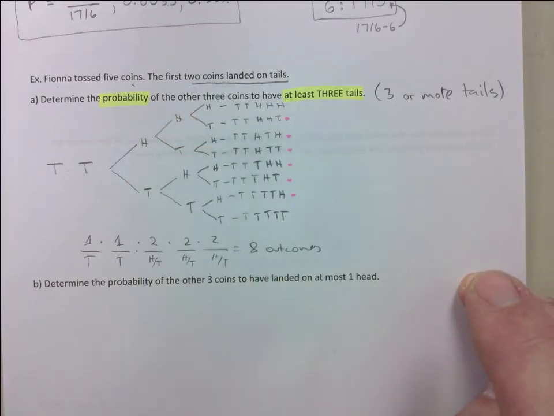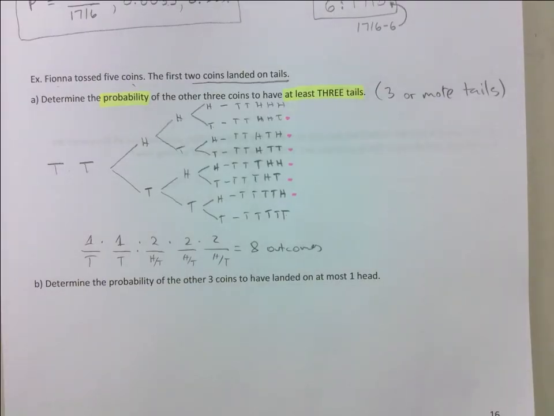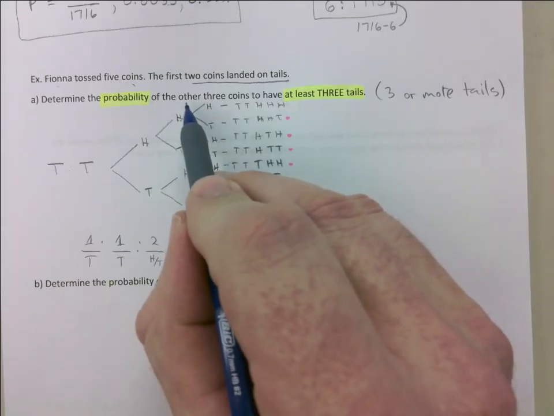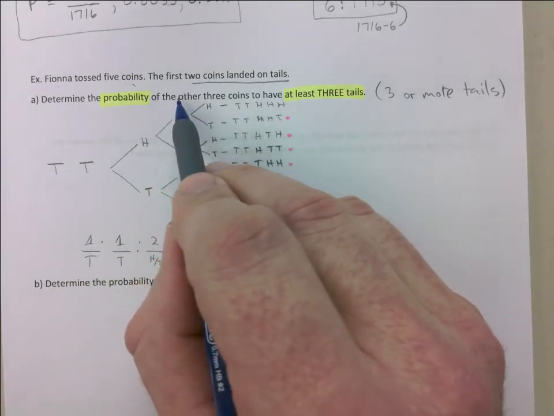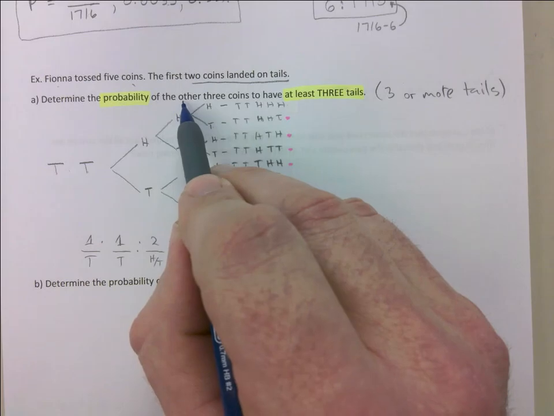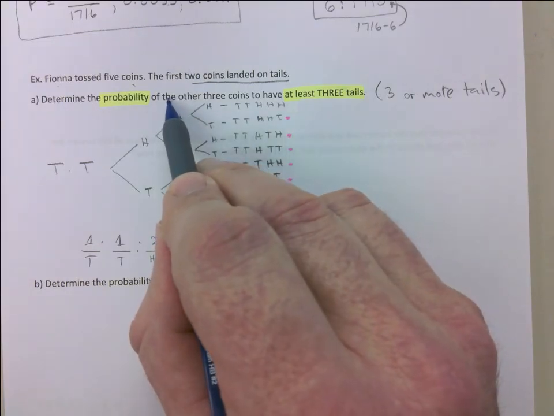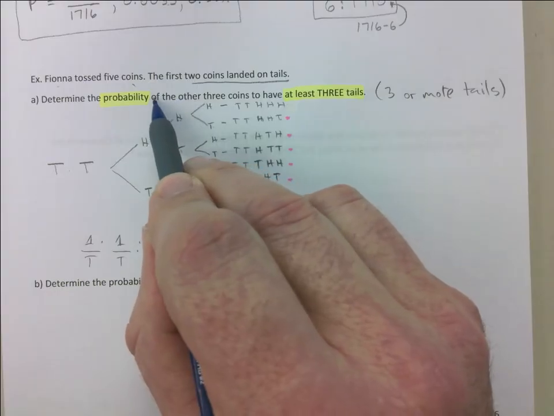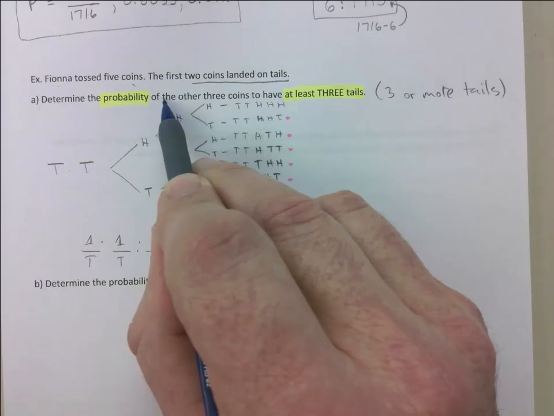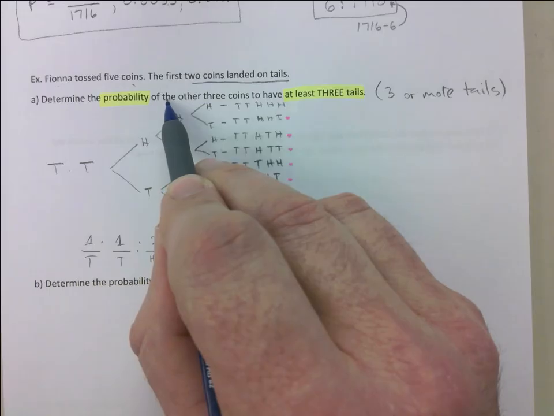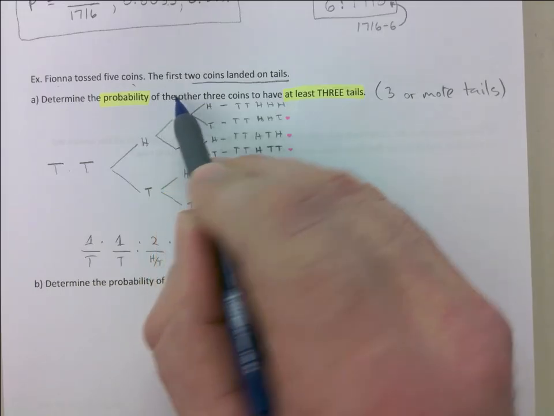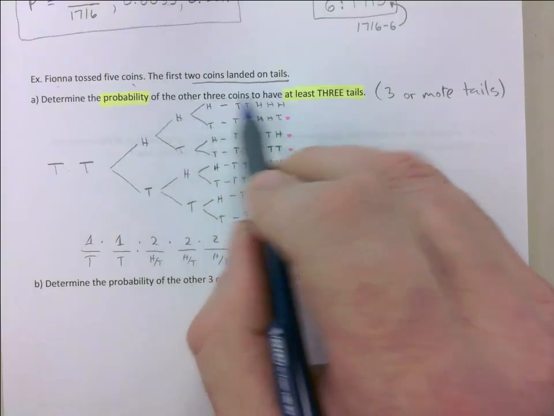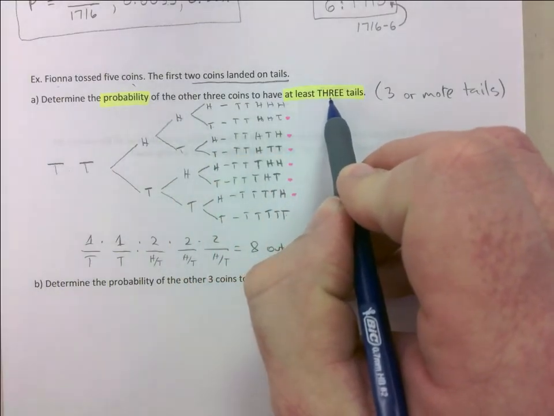Yeah, the wording is terrible. I agree with you. So I'm going to make an adjustment here. What's the probability of having at least 3 tails? That's what I'm trying to say here.